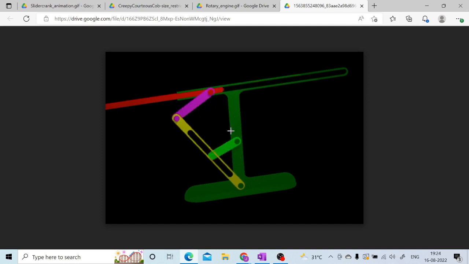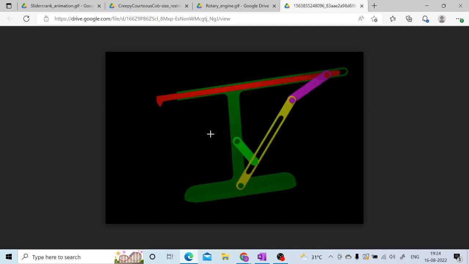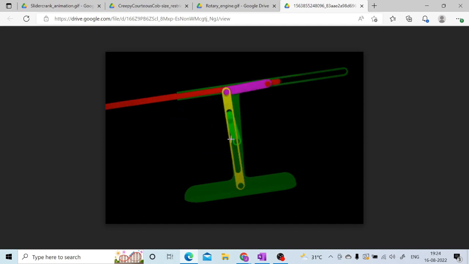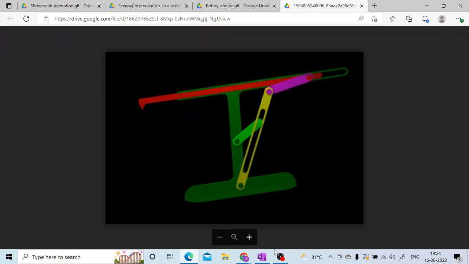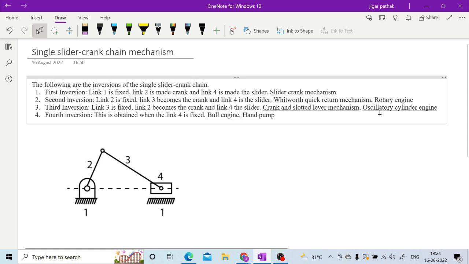So this we will see in detail. Also we will see the cutting ratio and the stroke length, and how we can calculate all those things in future. So after this you are having this oscillatory cylinder. You can see on your screen the oscillatory cylinder, right?